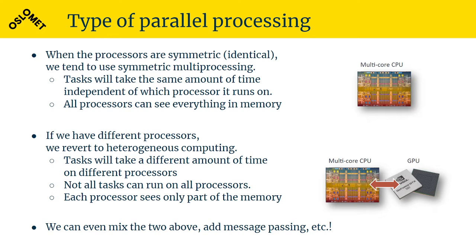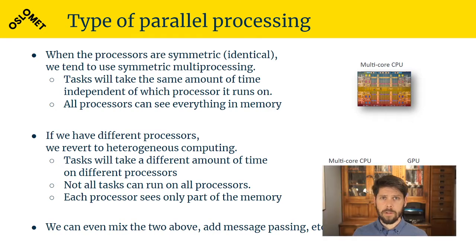Now, the benefit of the symmetric multiprocessing, which is the multi-core CPU, is that the tasks take the same amount of time, whichever core it runs on, more or less. If you disregard non-uniform memory access, that's a true statement. Now, all of the memory can also be seen by all processors.